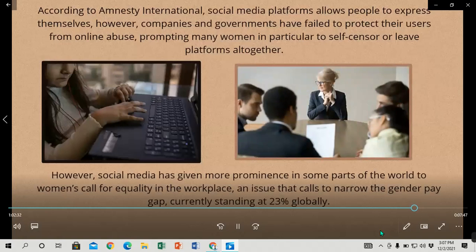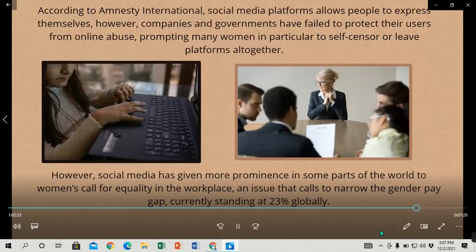With that, they can use social media to raise awareness against discrimination of women in the workplace. Since, diba, as we can see here, there is currently a 23% gap globally between women's pay and men's pay.